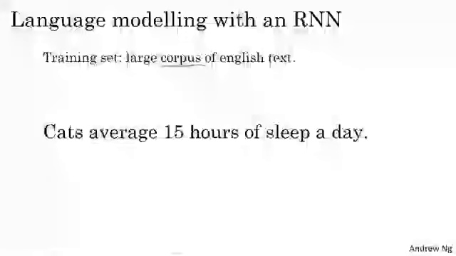So let's say you get a sentence in your training set as follows: "Cats average 15 hours of sleep a day." The first thing you would do is tokenize this sentence, and that means you would form a vocabulary, as we saw in an earlier video, and then map each of these words to, say, one-hot vectors or to indices in your vocabulary.